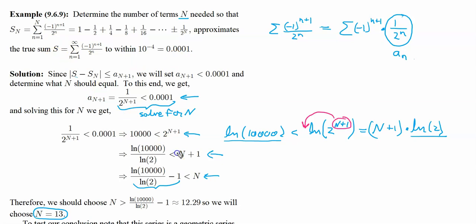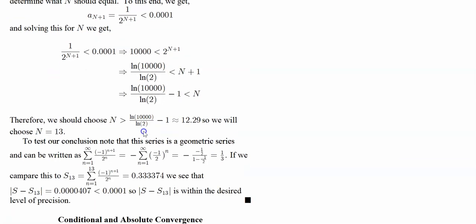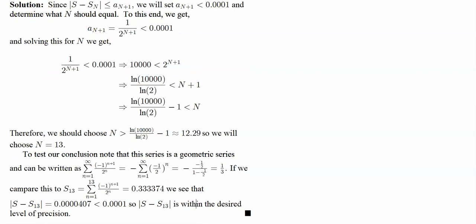Now let's just take note of one other thing with this example. The series that we were given is actually a geometric series, so we can exactly evaluate what the capital S should be. So let's do that and compare it to our 13th approximating sum.